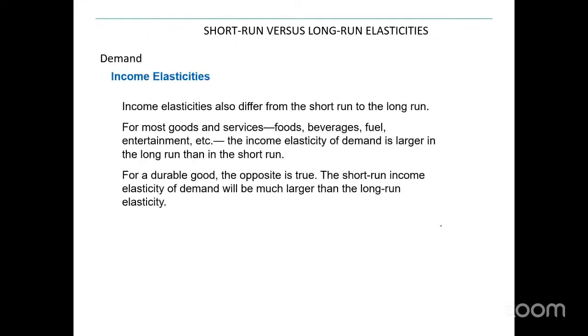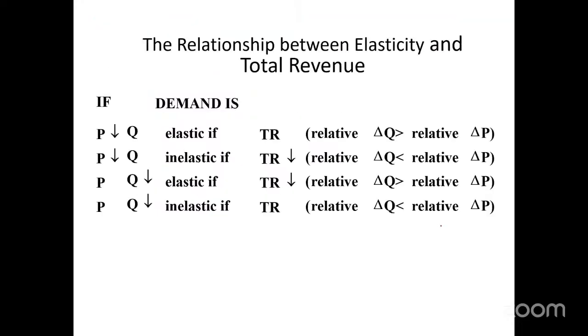Income elasticity also we discussed, how to get inferior good, superior good, and normal good situations. That also we discussed. And we also discussed the relationship between elasticity and total revenue and the price increase.